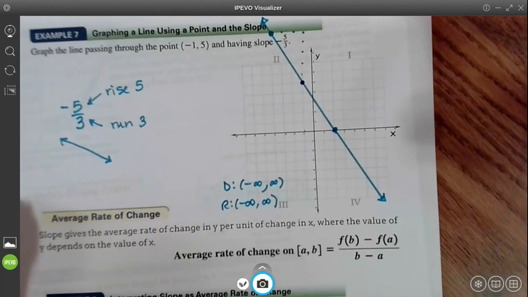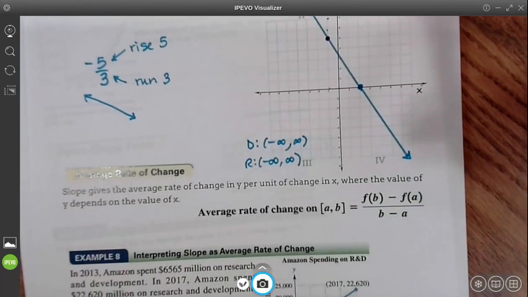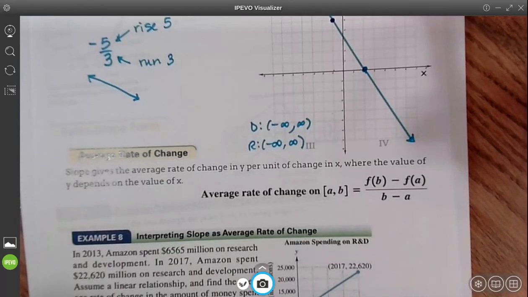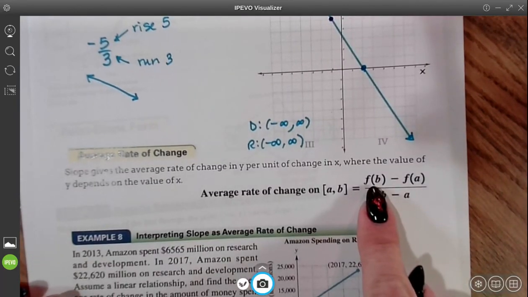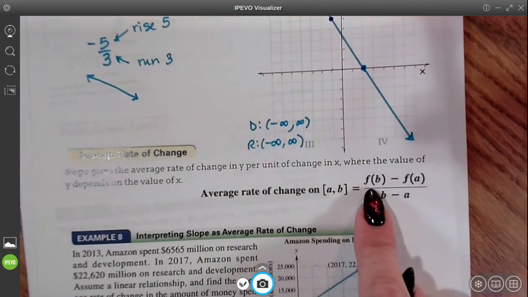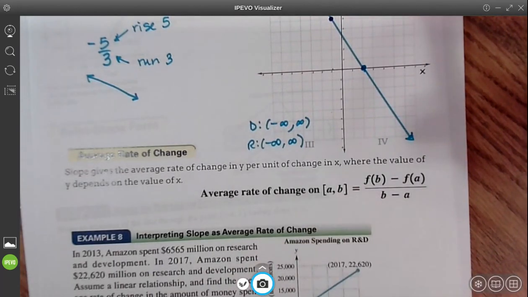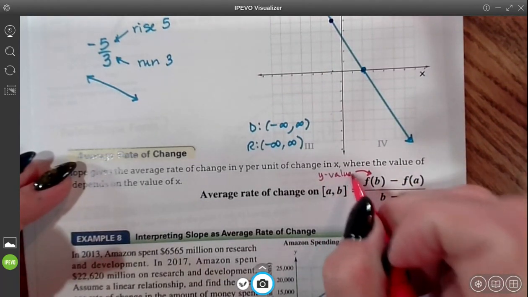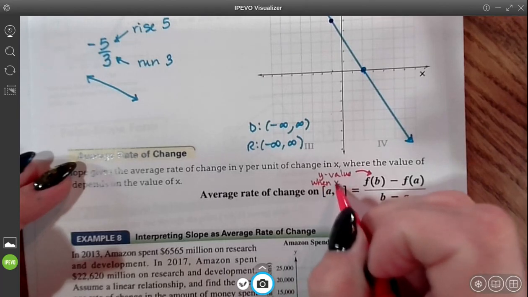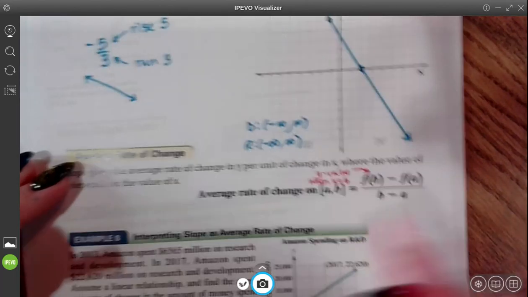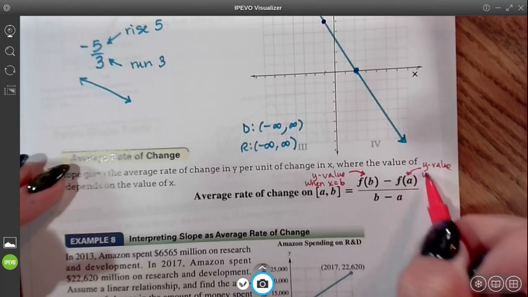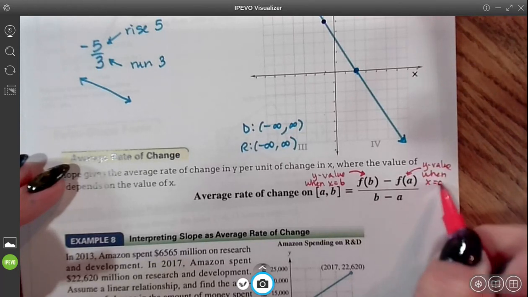Average rate of change is really just fancy words for slope. Remember, in function notation, f of x means y. So f of b means the y value when x is b. So this is the y value when x equals b, and this means the y value when x equals a.